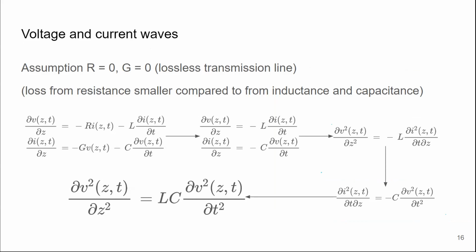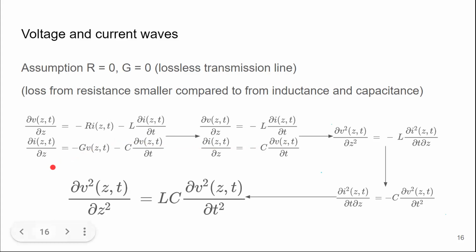Once we consider the telegraph equations, we can consider a special case where the transmission line is lossless. For a lossless transmission line, the resistance and the conductance will be equal to 0. Once we make R and G equal to 0, we can get simplified equations from the telegraph equations.